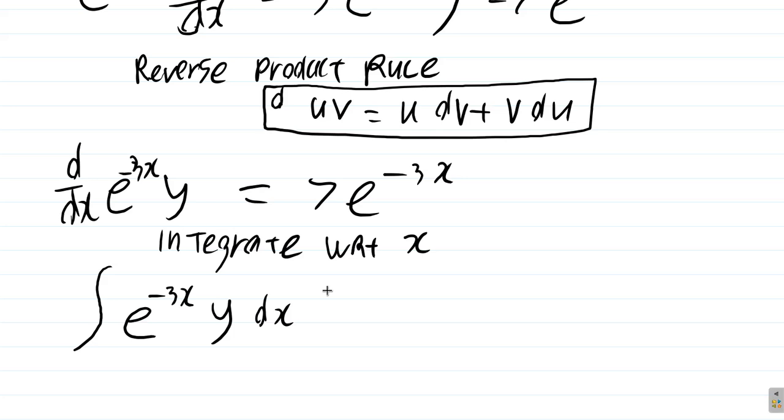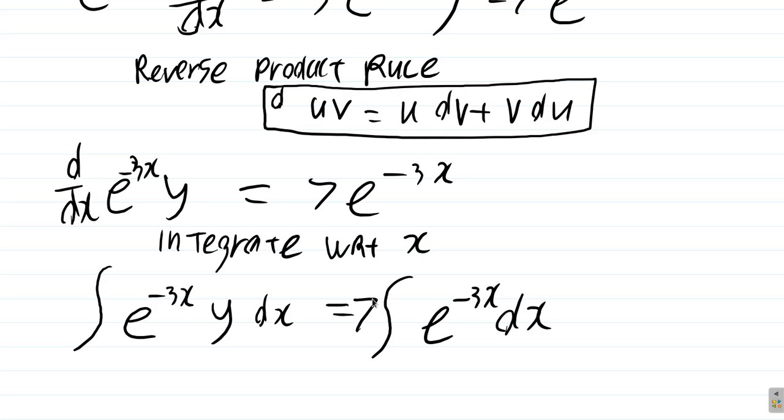Alright? So the dx equals integral of 7e to the negative 3x dx. Now remember, when you are integrating a number times a function, you can always put the number outside the integral sign.